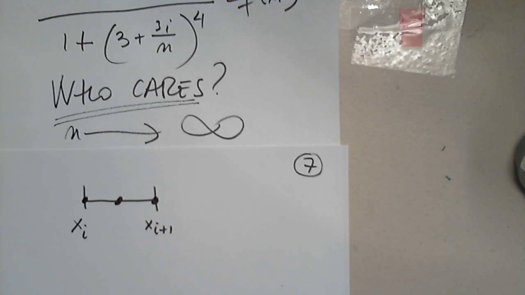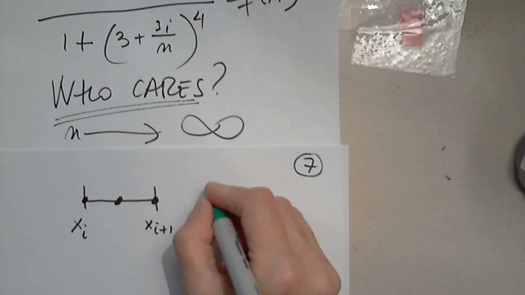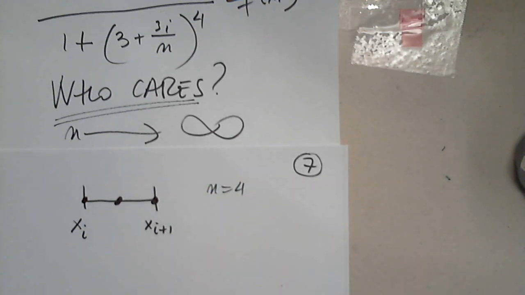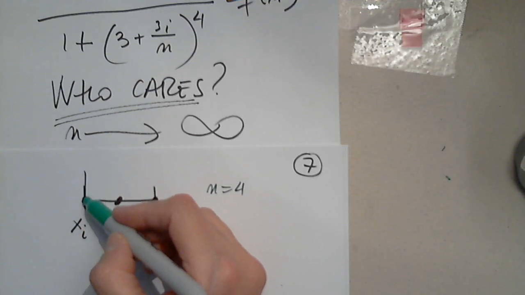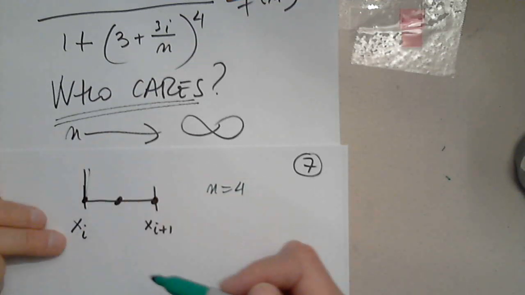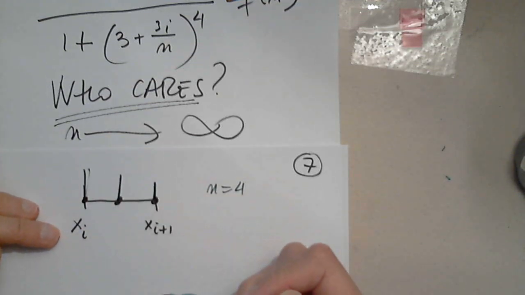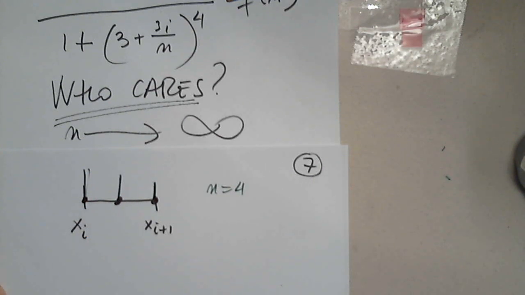Yes, it's because the problem said to use the right endpoint. Yes, but only when we have a finite number of intervals. Excellent question. If you tell me that n is 4, there is a huge difference. The height here, or the height here, huge difference.